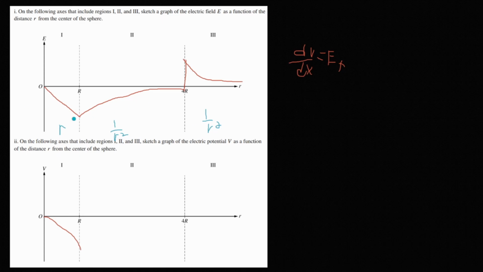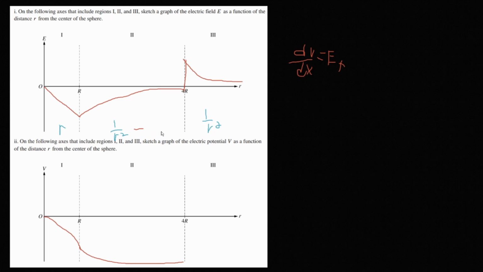But this part is negative, so it's going to get more negative, but less so. So it's like that, because it's the negative 1 over r.